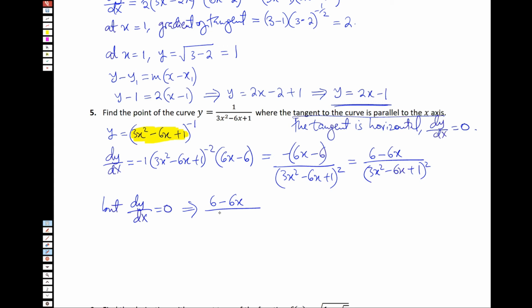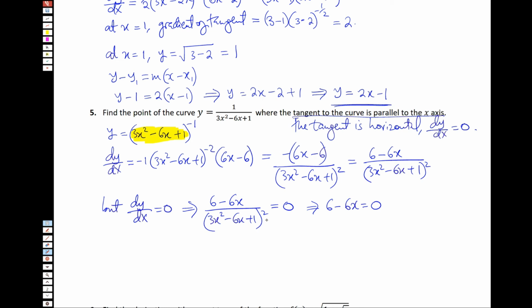So 6 minus 6x over 3x squared minus 6x plus 1 squared should be equal to 0. Now obviously in this case, if you multiply the denominator by 0, that'll just be 0. So we end up with 6 minus 6x being equal to 0 because this multiplied by 0 is just 0.